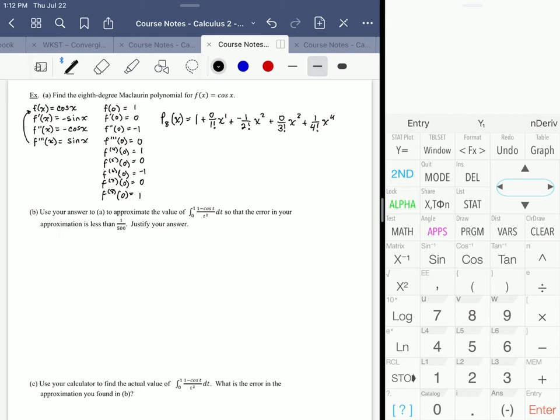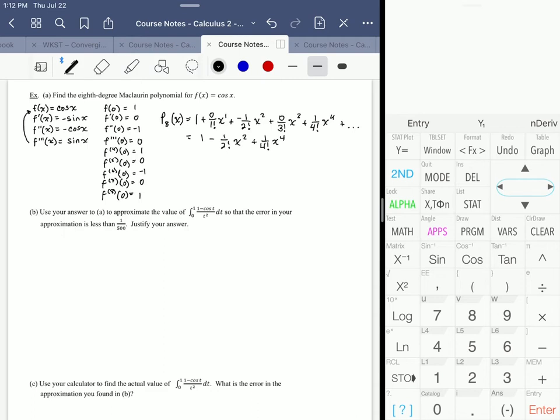If we simplify this a smidge, we can see that a pattern emerges, and that's going to save us some time. So we're looking at 1 minus 1 over 2 factorial x squared, ignoring the powers that are odd, plus 1 over 4 factorial x to the 4th. But you'll notice that there's an alternating sign situation.